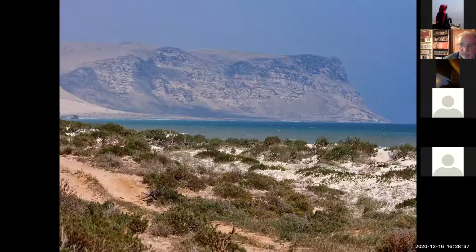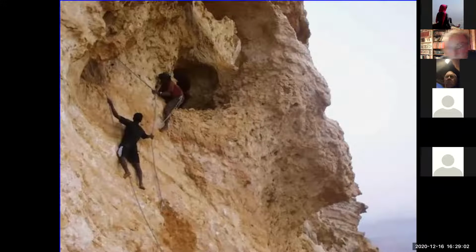Gradually we built up a picture, and I said, well, look, I reckon this bird is in fact nesting on these cliffs here. These aren't the actual cliffs, but similar to this. So I suggested to my Socotran friends that they investigate. I wasn't going to investigate, so up they went.